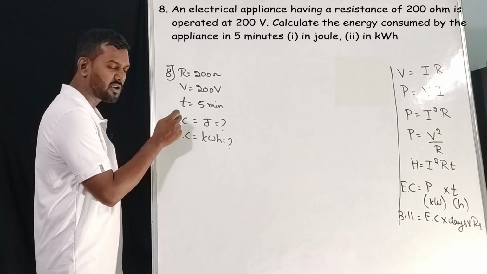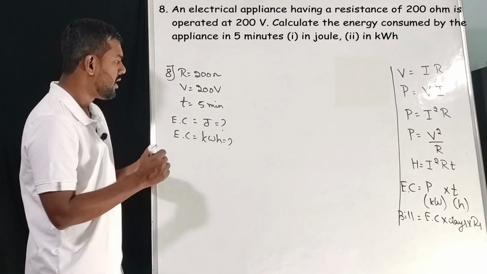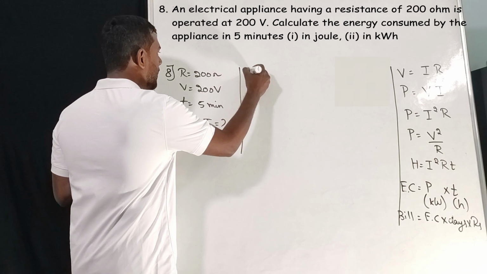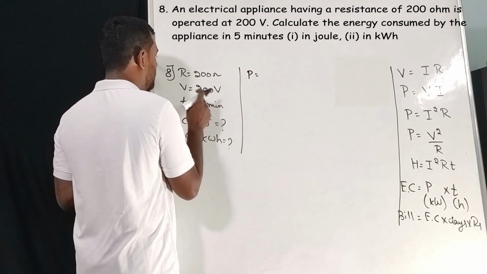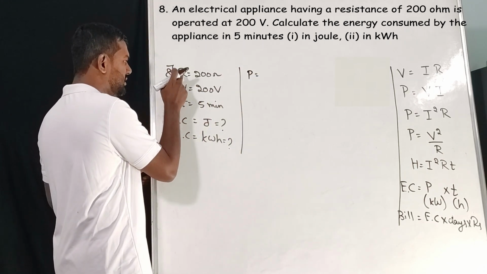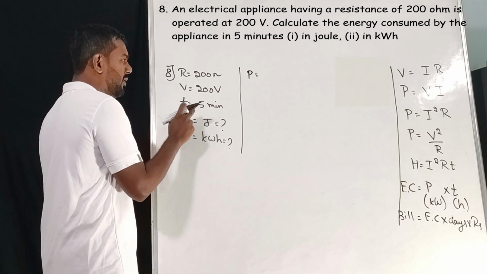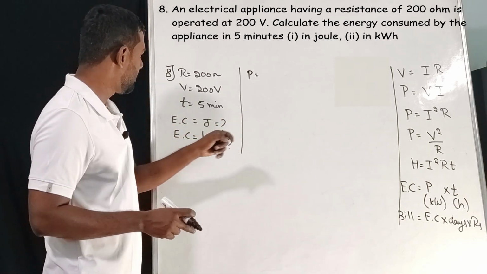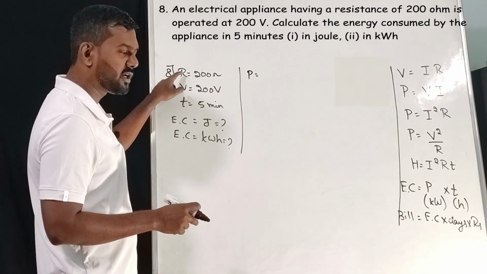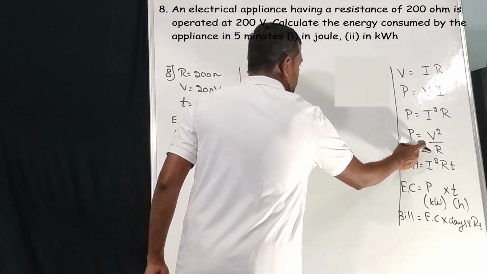First we'll find the answer of energy consumption in terms of joule. To find that, we need power. Correct. Power is equal to, what are the given data? Resistance, voltage and time. So power is not related to time here. Now it is related to only voltage and resistance. Which formula? Fourth formula.